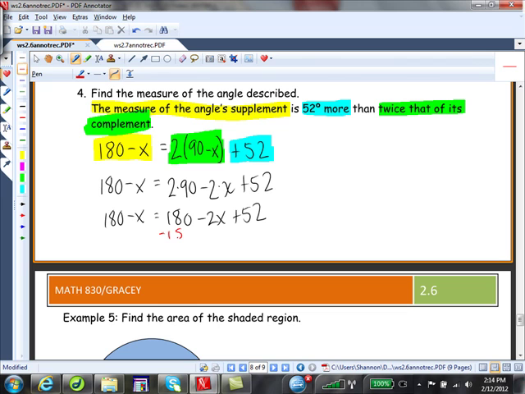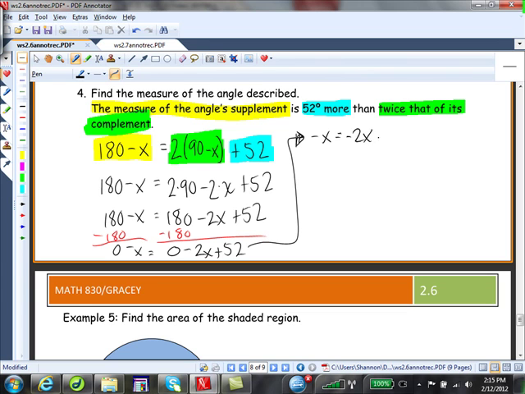Now, if I were to subtract 180 from both sides, I would get 0 minus x is 0 minus 2x plus 52. So I get negative x is negative 2x plus 52.